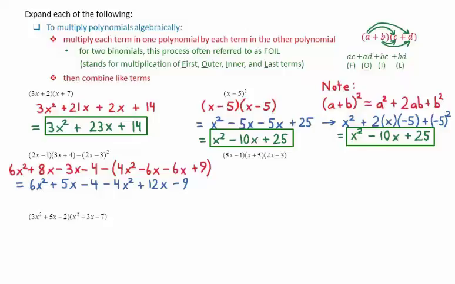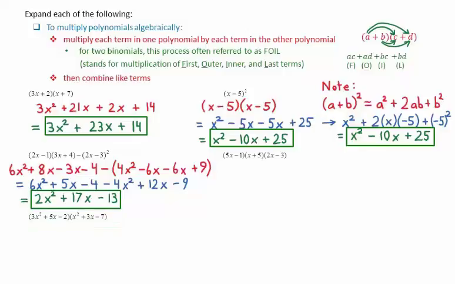We then continue to combine like terms. We have 6x squared minus 4x squared, giving us 2x squared. 5x plus 12x gives us plus 17x. And negative 4 minus 9 gives us minus 13.